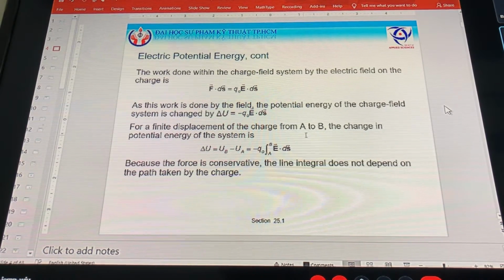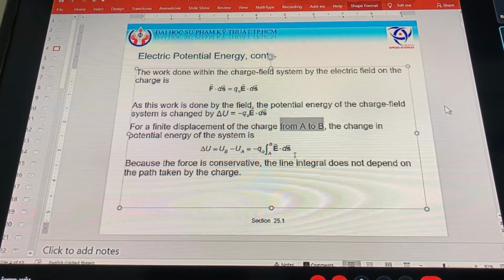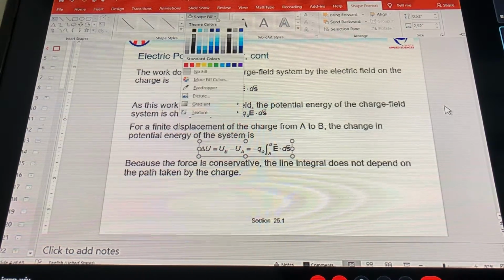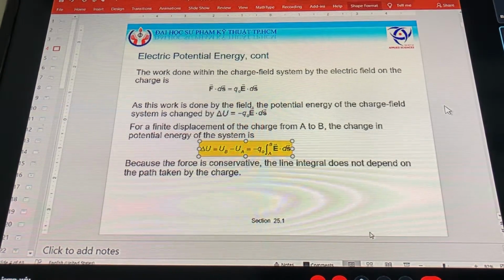Look at the order here, A to B. Here will be B minus A, right? UB minus UA is minus Q0 times the path integral or line integral from A to B, again A to B, right? Of E ds. So this is the formula to remember, right? Or to understand, because later it will be useful.